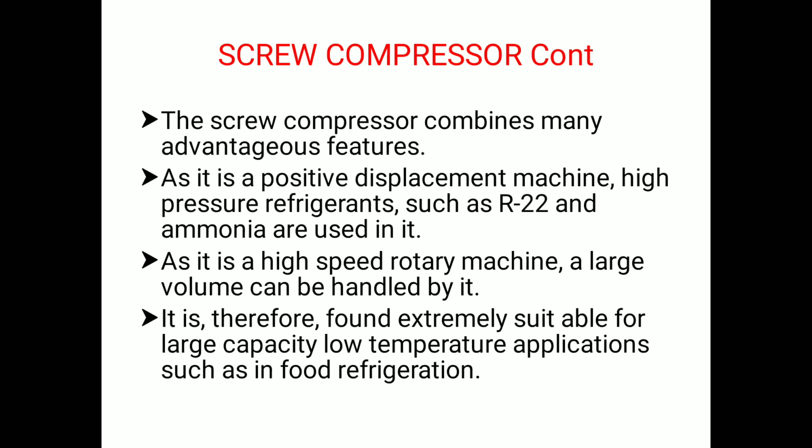High pressure refrigerants such as R22 and ammonia are used in it. As it is a high speed rotary machine, a large volume can be handled by it very easily. It is therefore found extremely suitable for large capacity, low temperature application such as in food refrigeration.